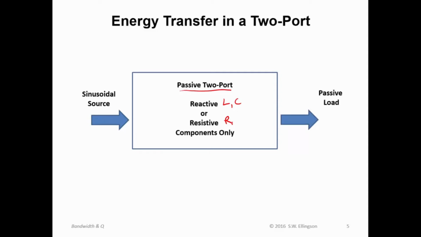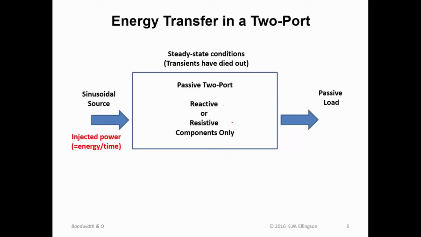And then at the output, we have a passive load, something that can dissipate or absorb power. And one other thing I'm going to specify here for the purpose of this discussion is that we have steady state conditions. In other words, any transient conditions, startup transients, anything that may have been active before we started this experiment, all those transients have died out and we're at the steady state condition.